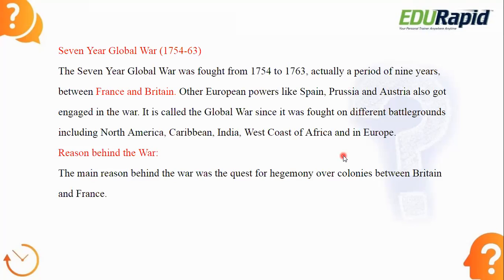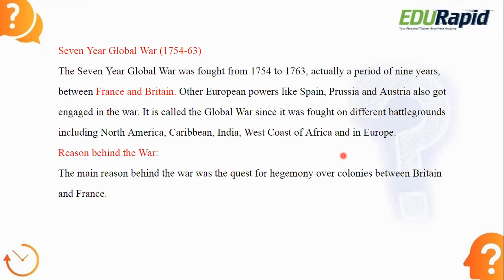A lot of European countries like France, Britain, Spain all started making colonies all over the world. Because of that, there was a quest for hegemony over the colonies, mainly between Britain and France. So the 7-year global war was fought mainly between France and Britain.